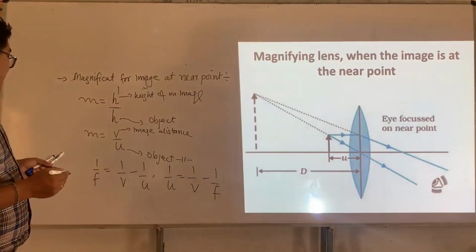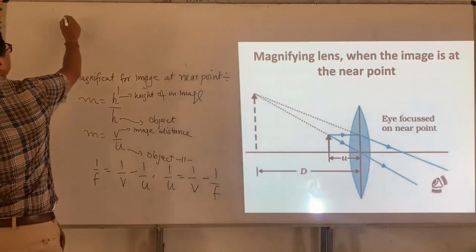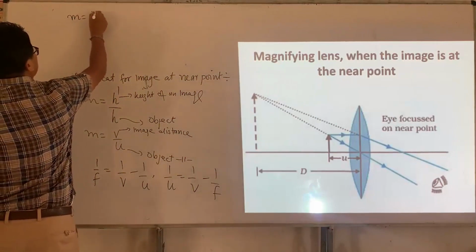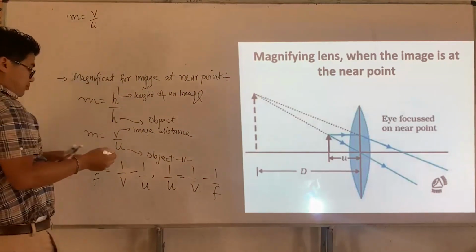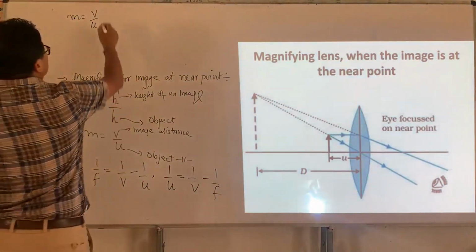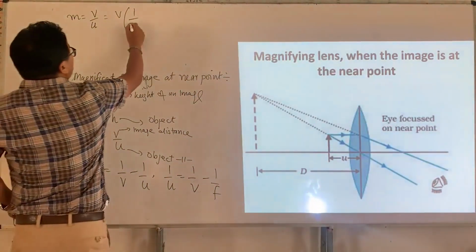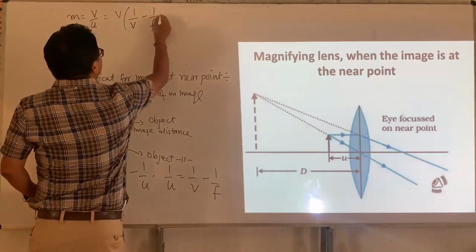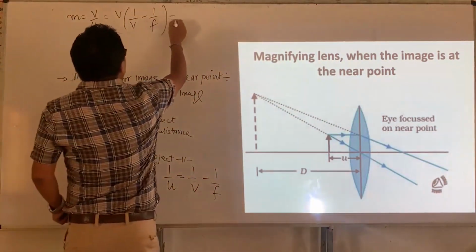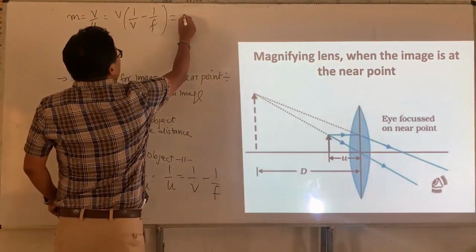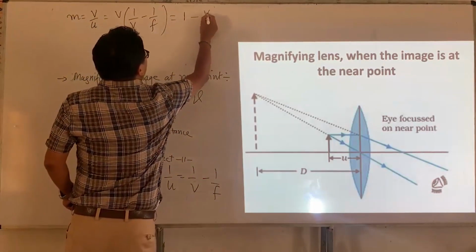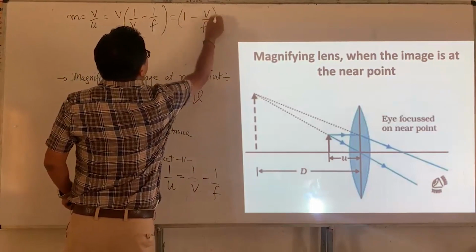And now I have these equations, m is equal to v by u. I'll put the value of 1 by u, which is 1 by v minus 1 by f. Finally, I get 1 minus v by f.